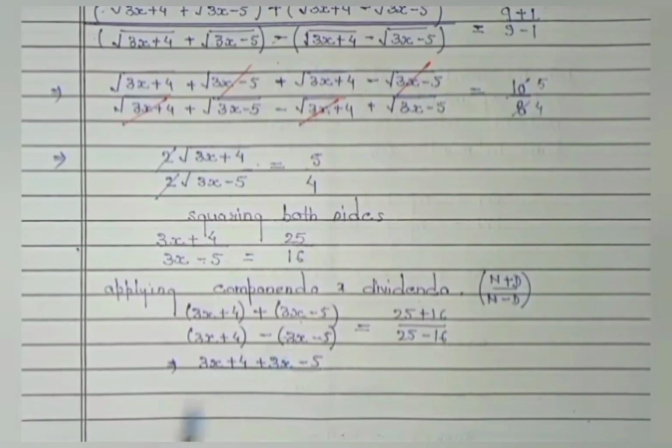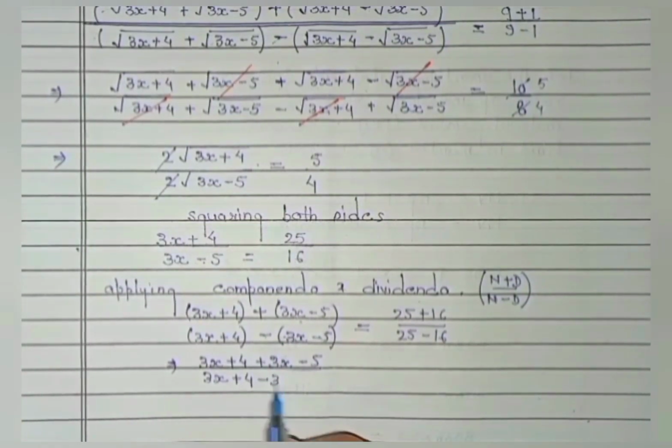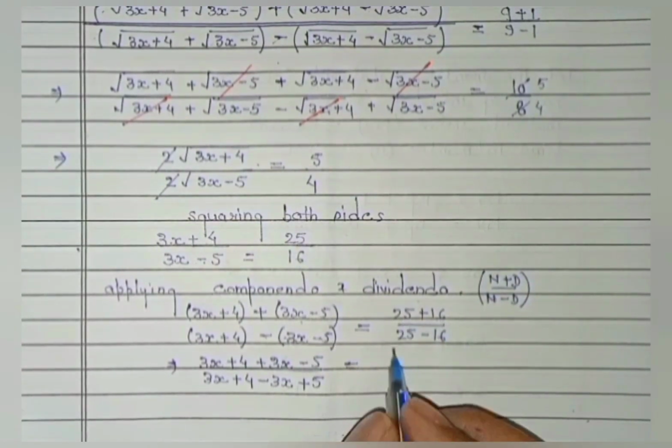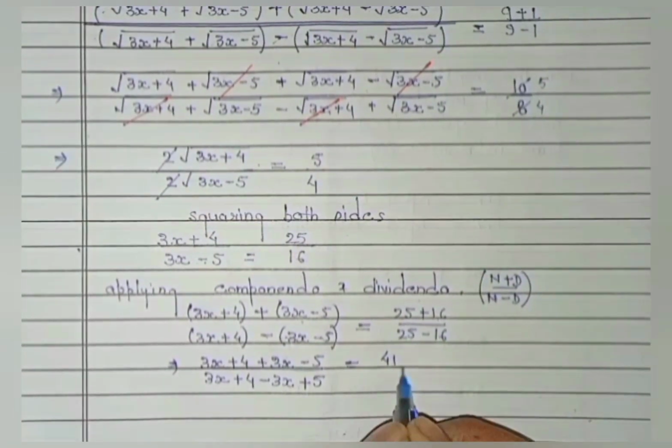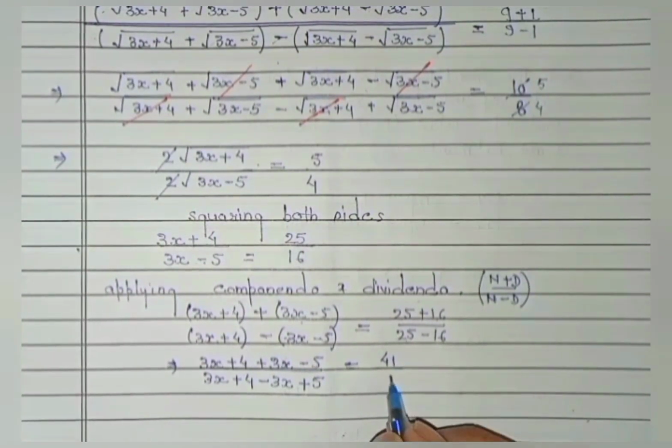In the denominator place, if I open the bracket, I am getting 3x plus 4, opening the bracket with minus, so minus 3x plus 5. On the right side, 25 plus 16 will give you 41, 25 minus 16 will give you 9.